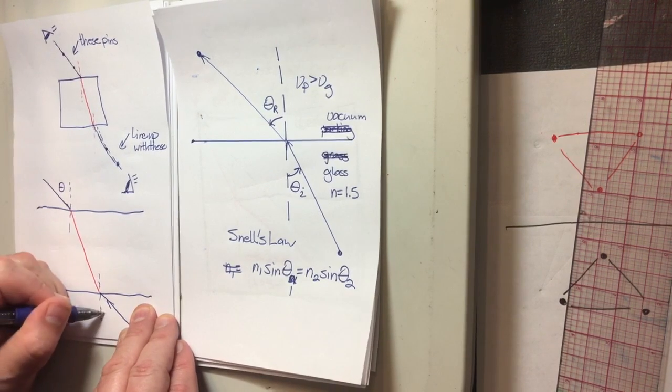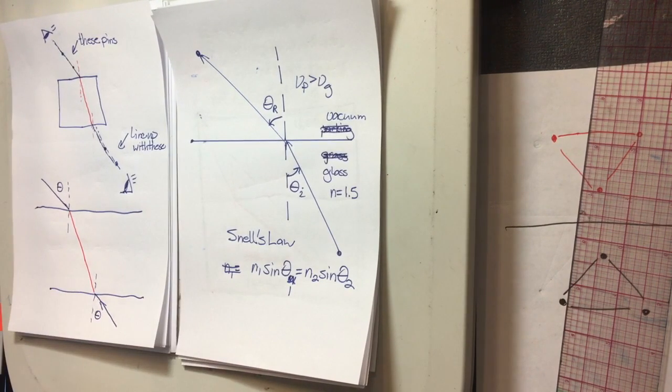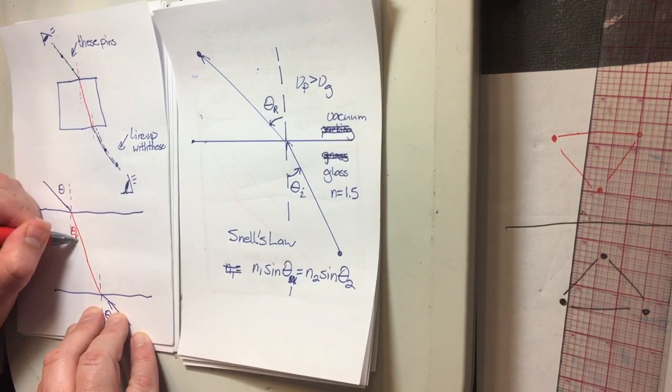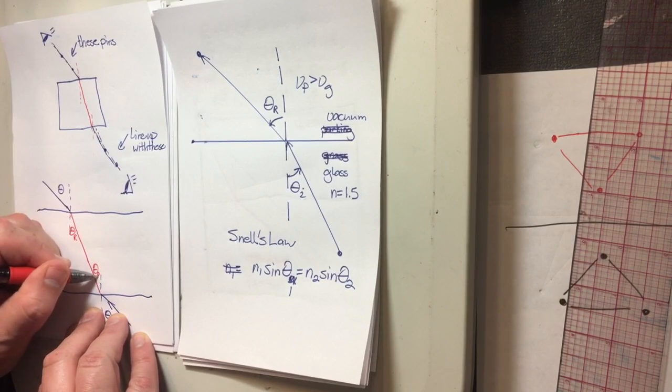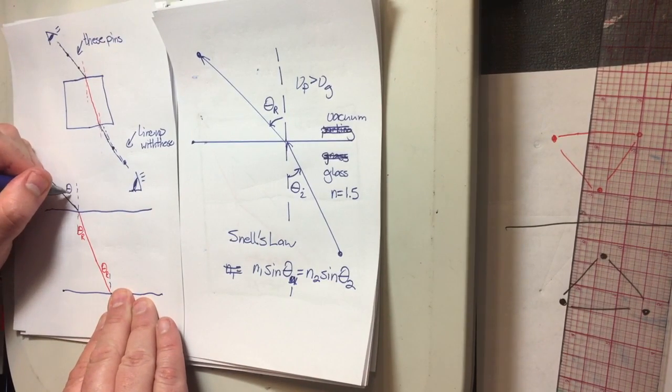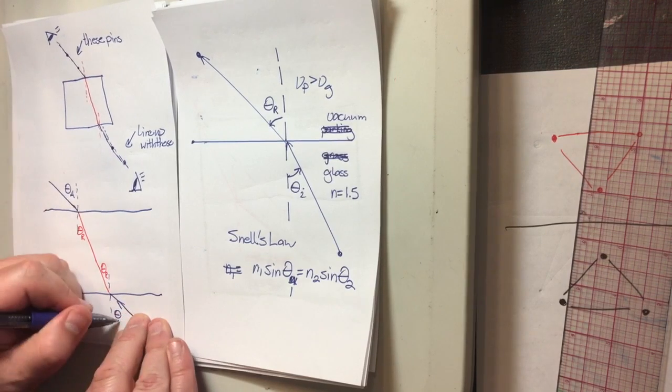These angles here are going to be the same. These angles here, I'm going to call theta R, and the other ones theta A for air.